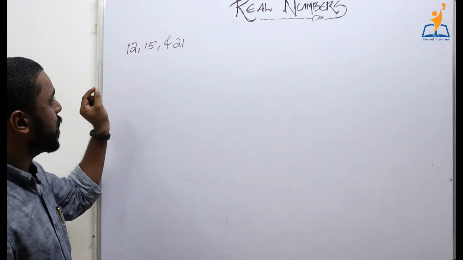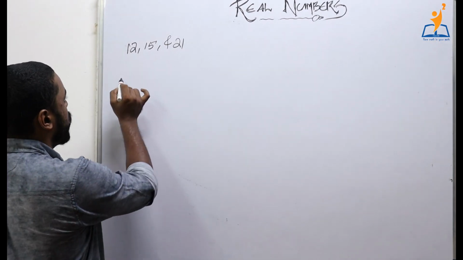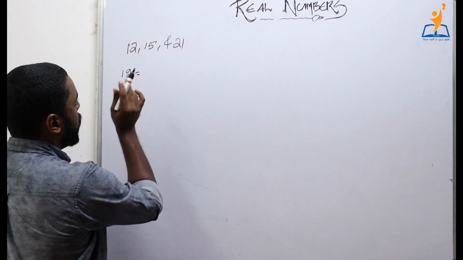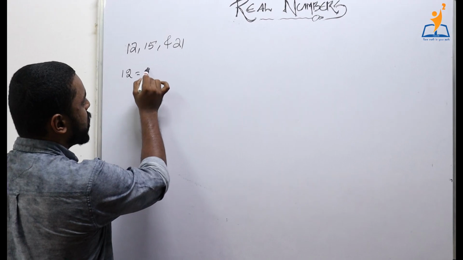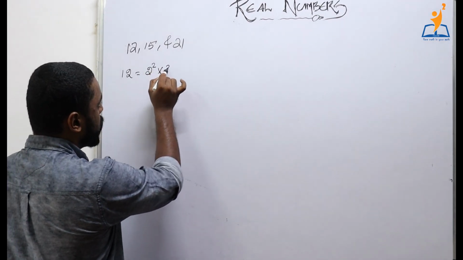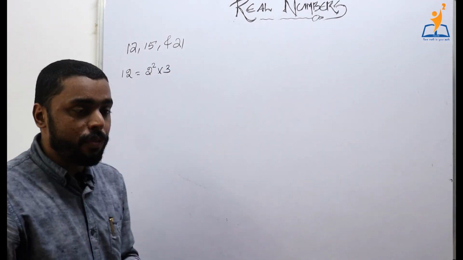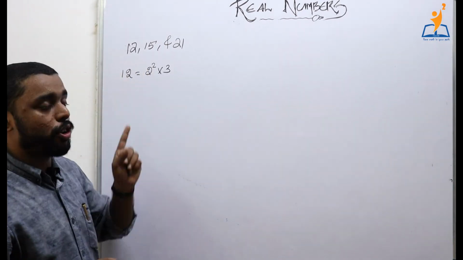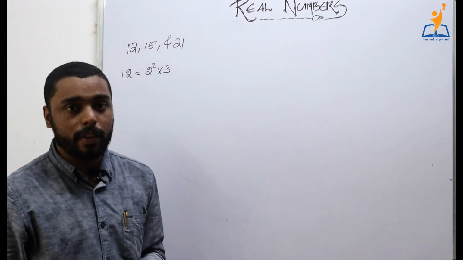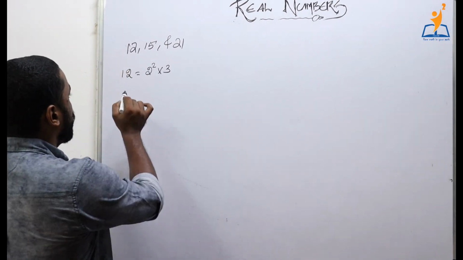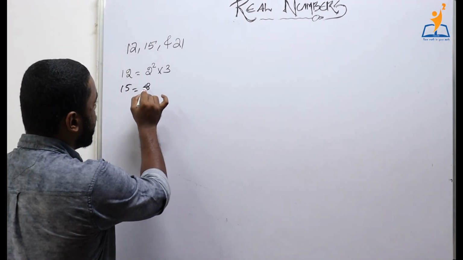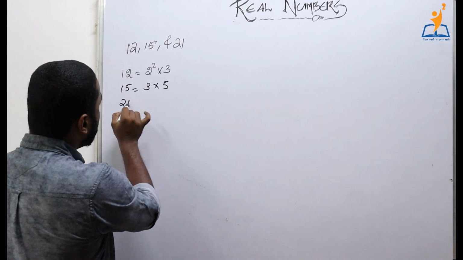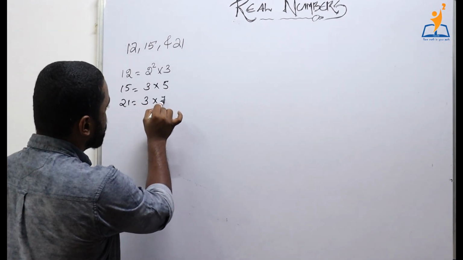The first step to evaluate the HCF is to express each number as a product of primes. 12 is equal to 2 square into 3. As I said, if anyone feels difficulty writing a number as a product of primes all at once, just go for the division method. Now 15 is equal to 3 into 5. 21 is equal to 3 into 7.